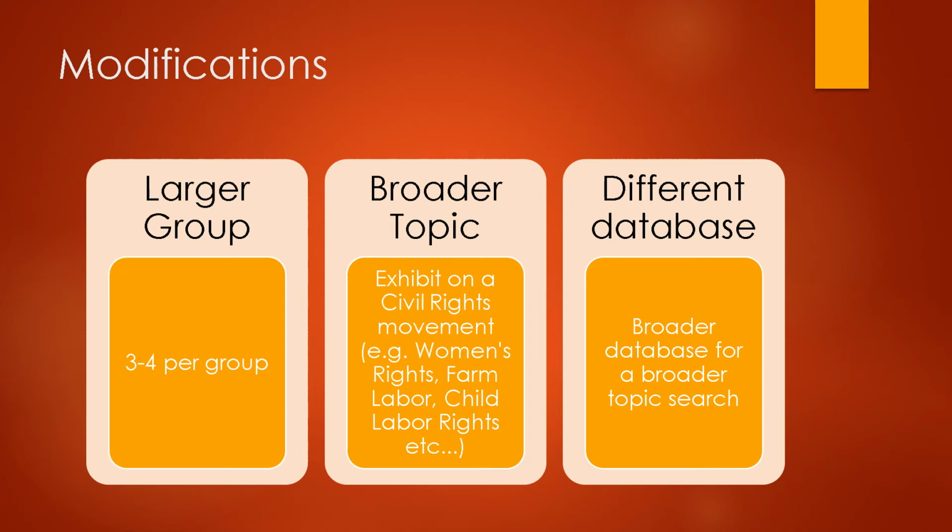Two people works when they're adults and better at time management and understanding how they work. But for students in high school, asking two students to get all of this work done seems like a little overboard, a little too rigorous. But if you do it in larger groups, that makes it more feasible.